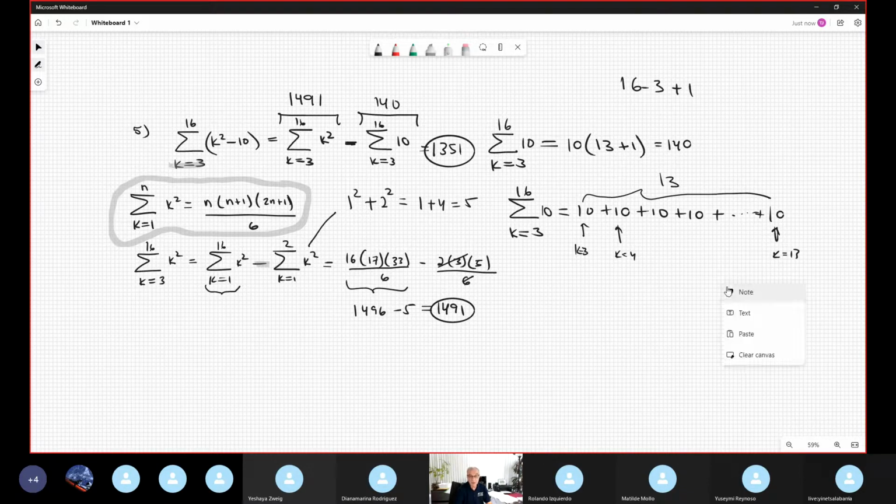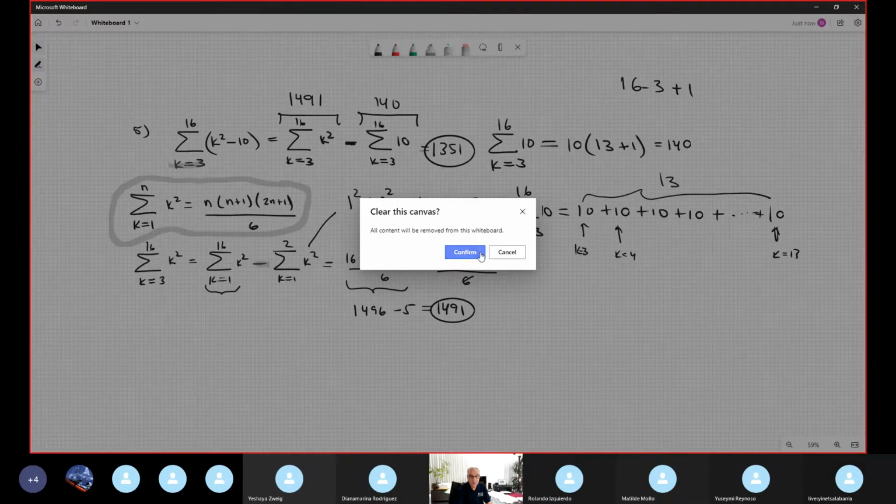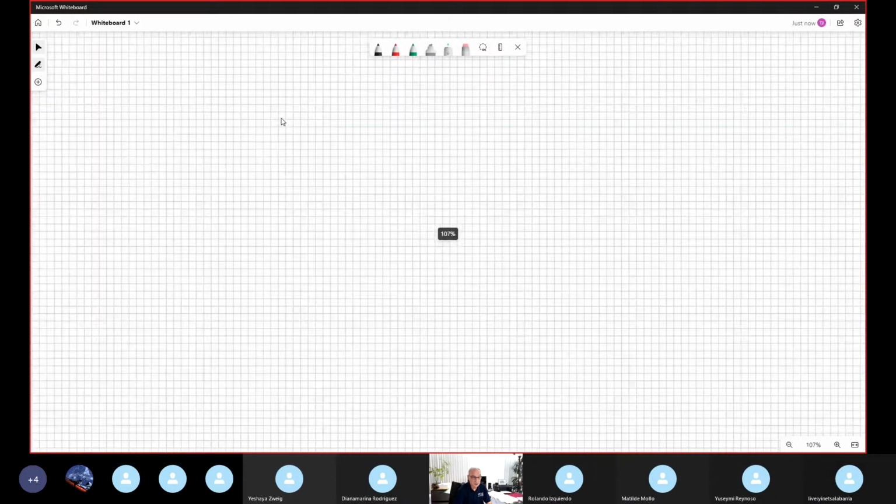Question 6 is about the arithmetic sequence. Let me condense quickly the formulas for the arithmetic sequence. The a sub n term is equal to the first one plus (n minus 1) d. This is the explicit formula for the a sub n term in an arithmetic sequence.